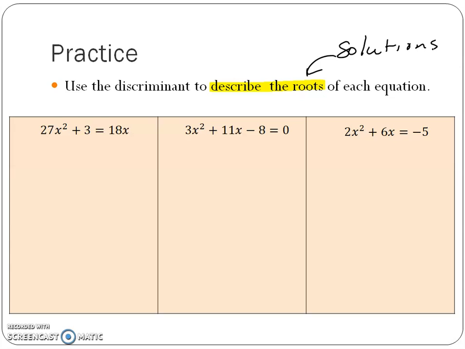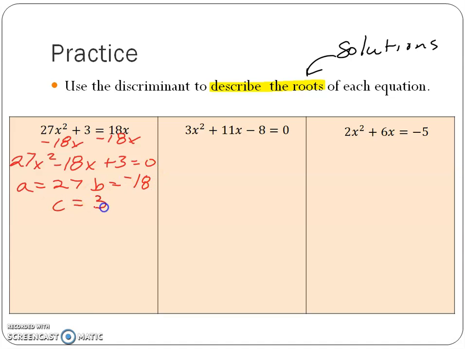Now, before I can get going on this, I have to make sure it's in standard form, so I need to subtract 18x over. So I've got 27x squared minus 18x plus 3 equals 0. What is my a in this case? That would be 27, just like when I'm trying to figure out the quadratic formula. My b is a negative 18, and then my c is a 3.